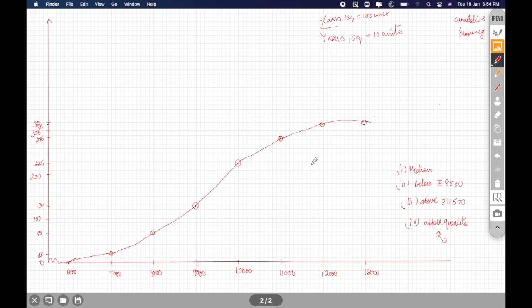Now please observe that each cumulative frequency curve or the ogive that we have drawn is always in the shape of an elongated S. Okay, it is like this. It should not be a distorted figure. It should be a smooth freehand curve.